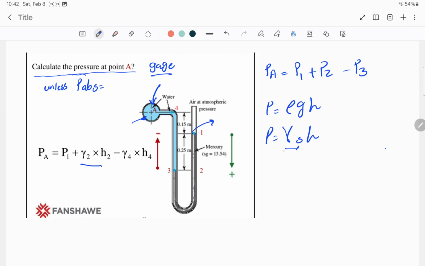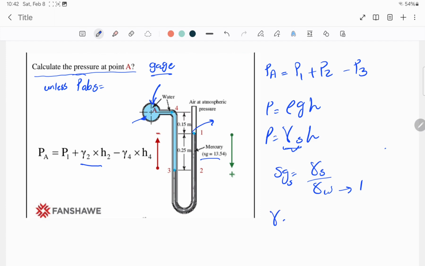Usually he won't give you the specific weight. That's the trick there. Sometimes he'll give it to you and sometimes he won't. But you can find it using the SG. SG of the substance equals specific weight of the substance divided by specific weight of water, which equals 1.